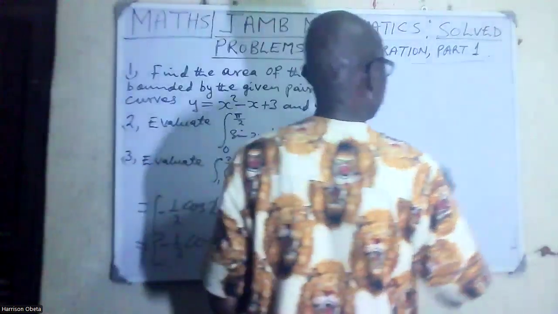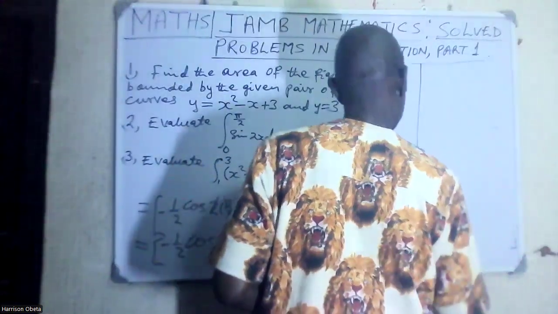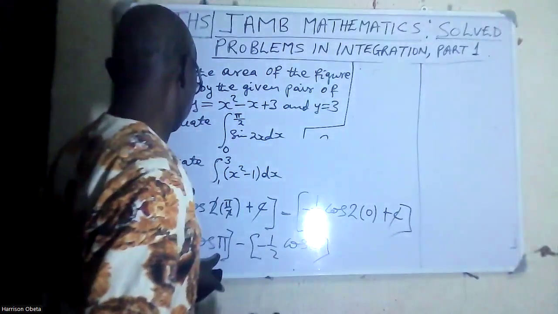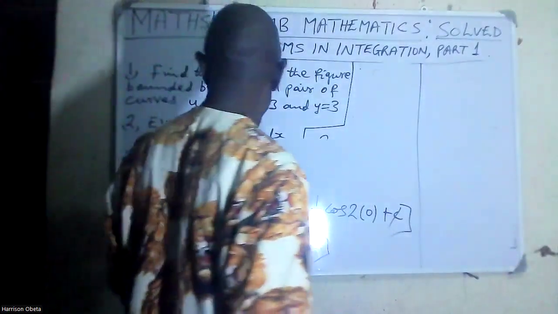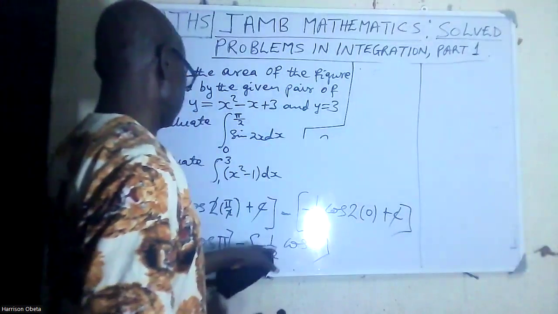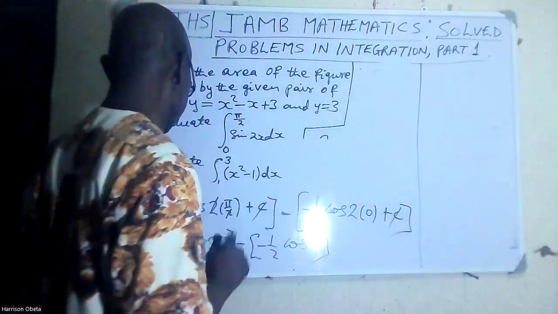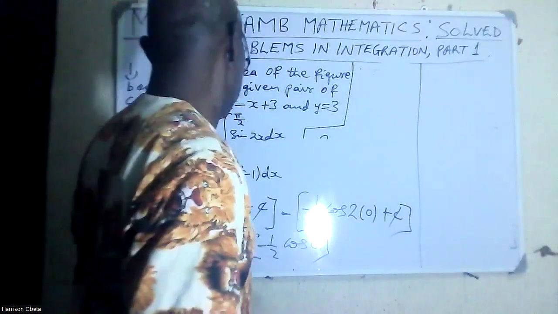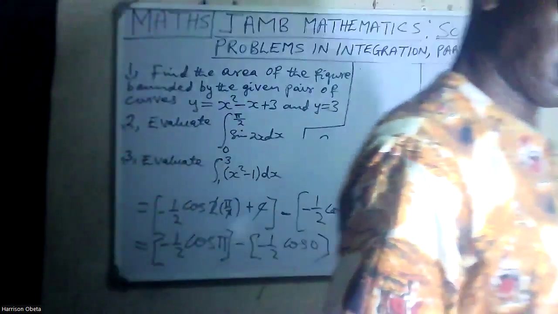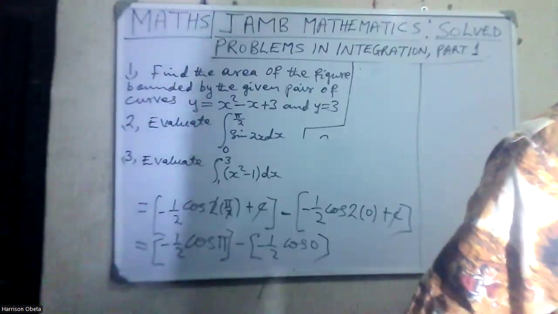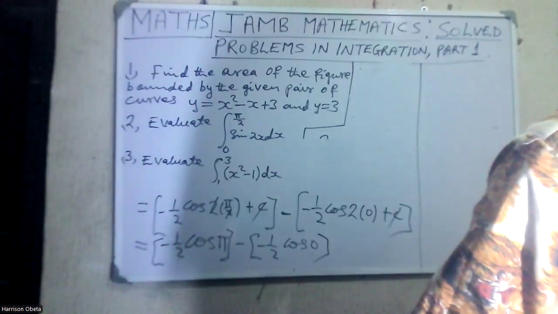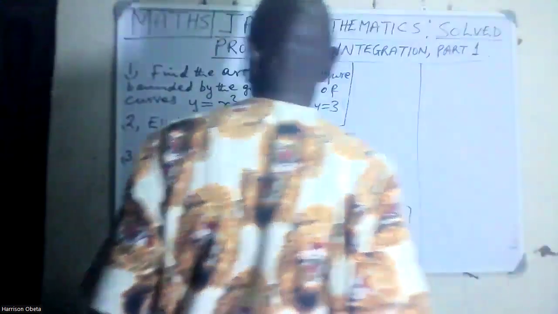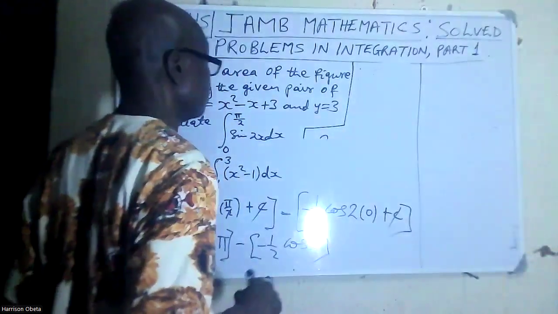So coming over here, we are now having minus 1 over 2 cos pi minus, minus 1 over 2 cos 0. So we check what is cos 180. We check our calculator. And from our calculator, we have that cos 180 is minus 1.